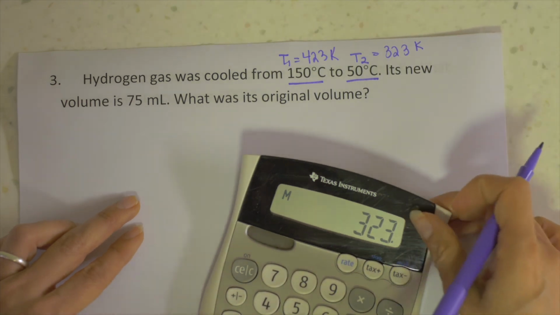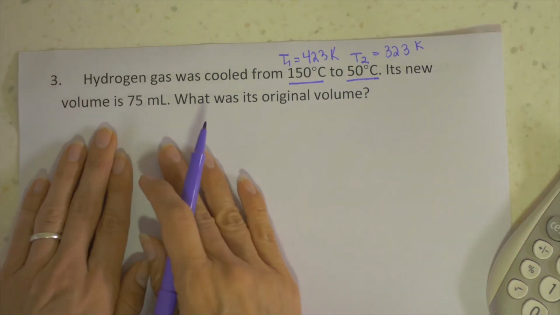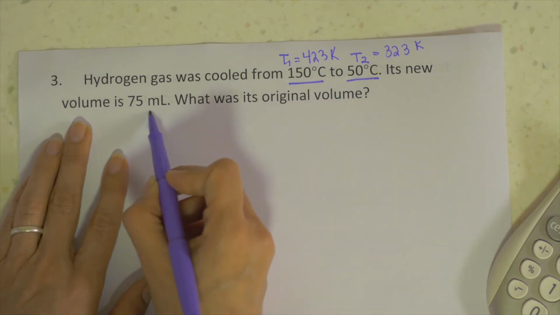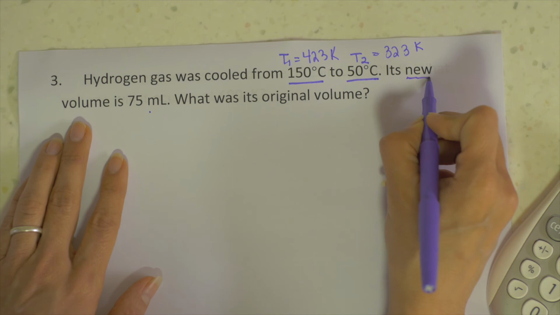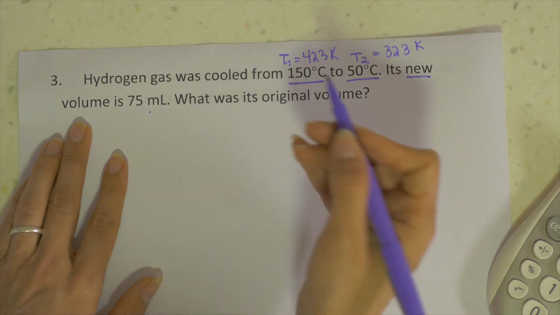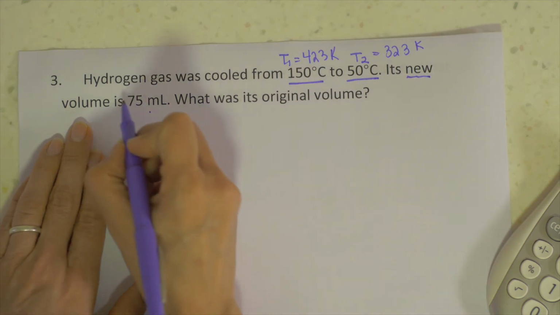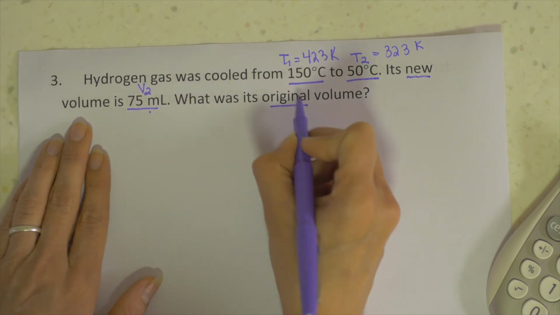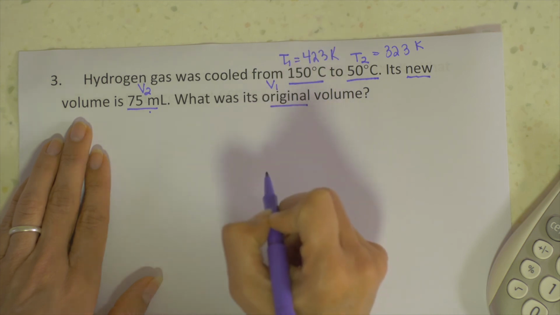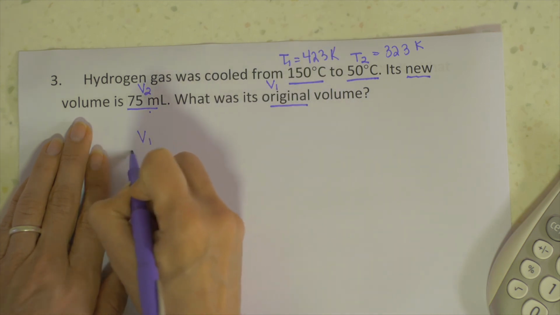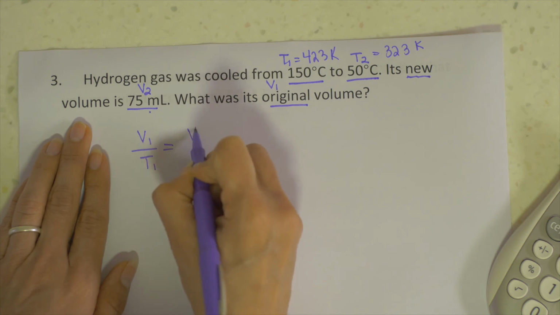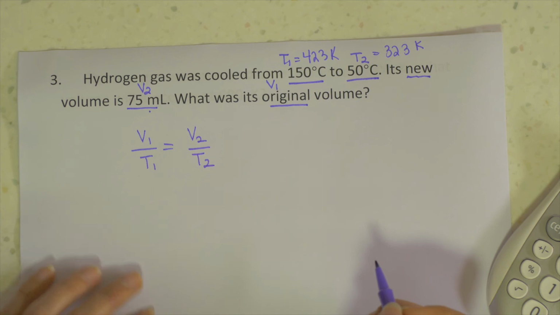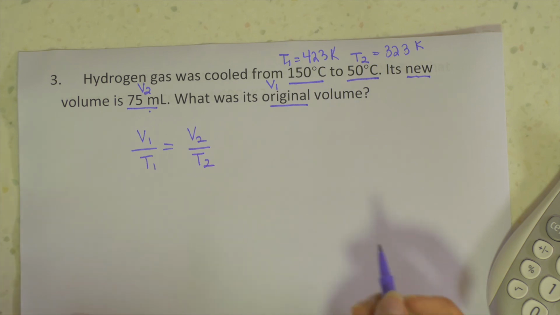There's my temperatures. Now let's look at the volume it gives us. It says its new volume is 75. By them saying that it's the new volume, it must be what it was cooled to, the T2. So this must be the V2. And then it asks, what was the volume originally? V1. So V1 over T1, again, rewriting this formula as many times as we can helps us to remember it, which is why so much practice is important.